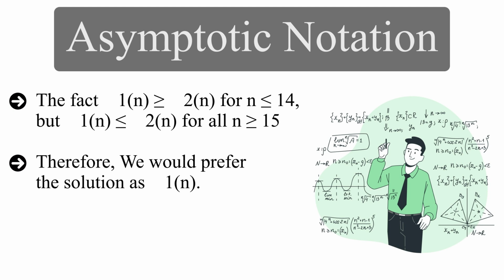However, as soon as n becomes more than 14, that is, it becomes 15 or more, then for the first algorithm, T1(n) is going to be less than T2(n), even though it has a constant value 1000. So 1000 n square is going to be less than 5 n to the power 4 for any value after 14, that is 15 and onwards.